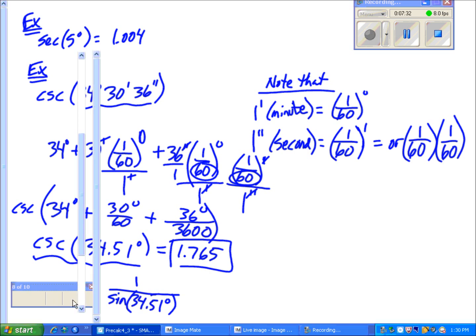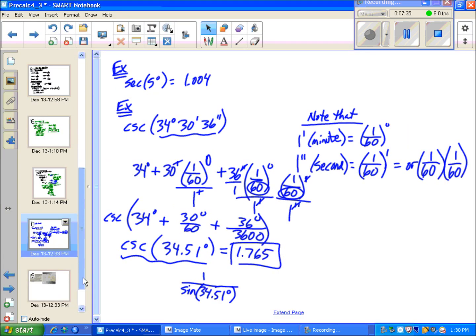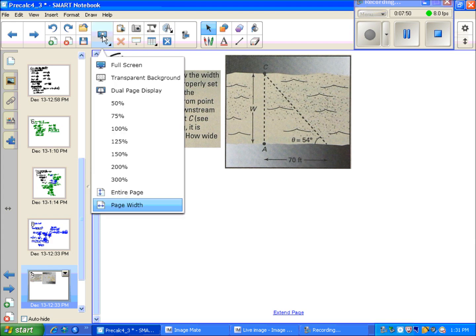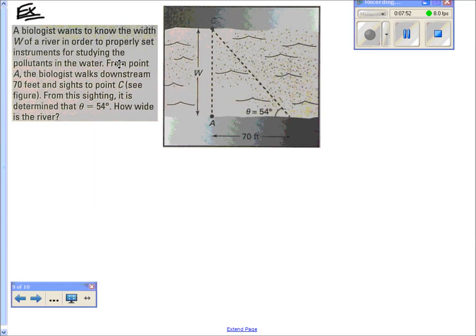All right, let's do an example here. A biologist wants to know the width W of a river in order to properly set instruments for studying the pollutants in the water.